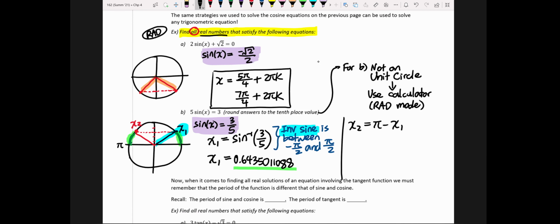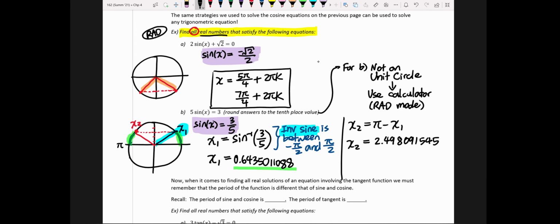So let's do that. In our calculator, we're going to do pi minus x1. That gives us 2.498091545. So I'm writing out all the decimal places, because if we need to use a number to find another solution, we don't want to round prematurely.